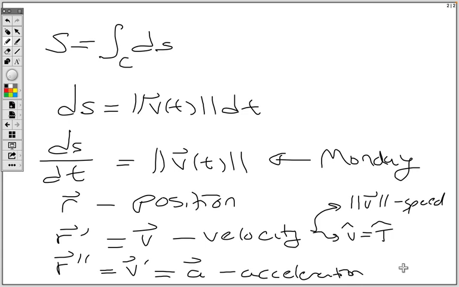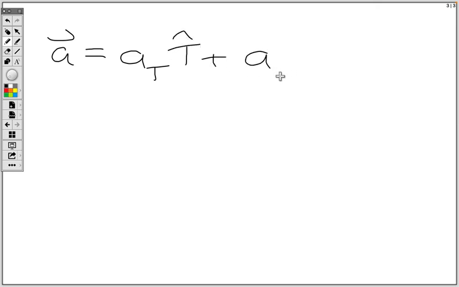So we had a big theorem that said that the acceleration breaks down into a tangential piece and a normal piece. N hat was defined to be the principal unit normal vector.